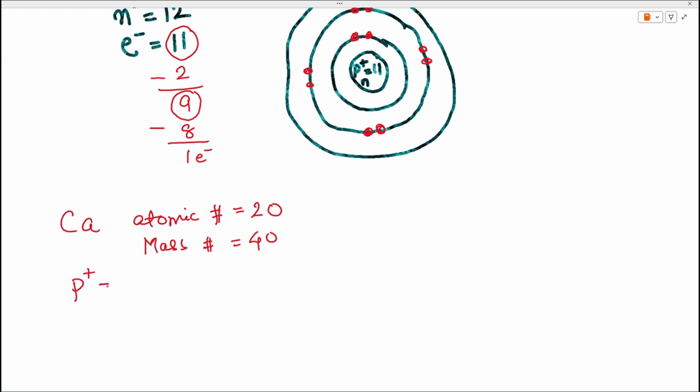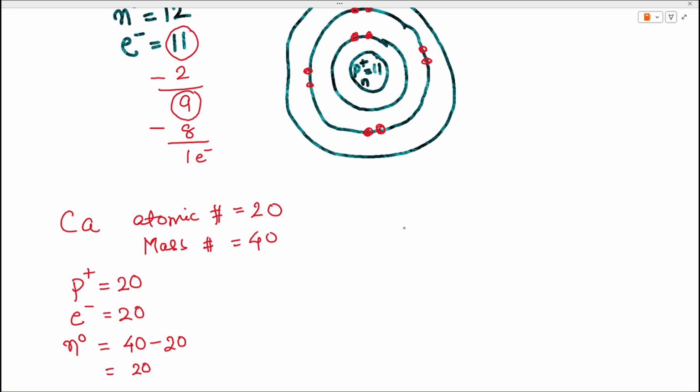So the number of protons is the same as atomic number. The number of electrons also is the same as atomic number. And the number of neutrons could be calculated by taking the mass number and then subtracting the atomic number from it, and then we get number of neutrons also as 20.